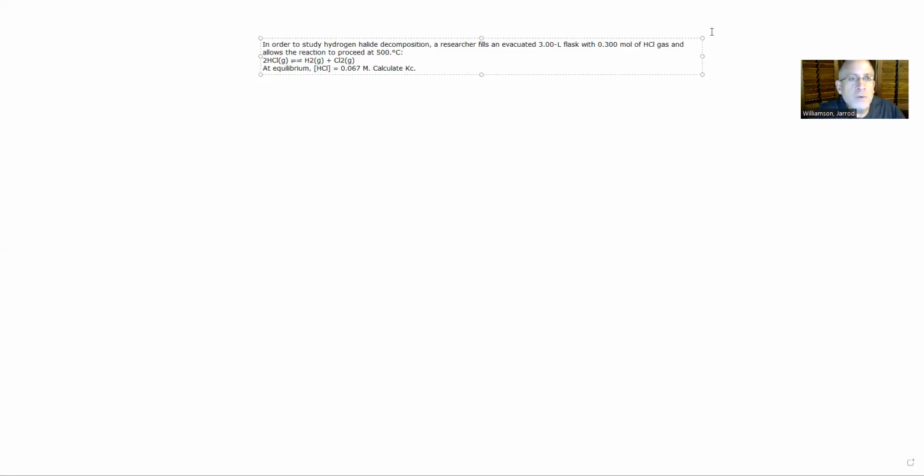First thing we need to do is set up an ICE chart. So we're going to write here 2 HCl, and it's gas. It's all gas phase. I'm not going to write the G for gas.